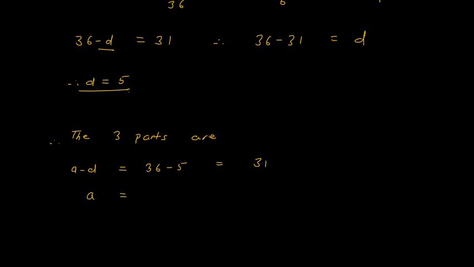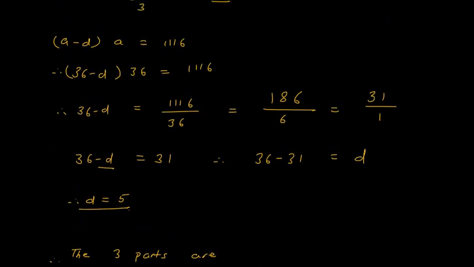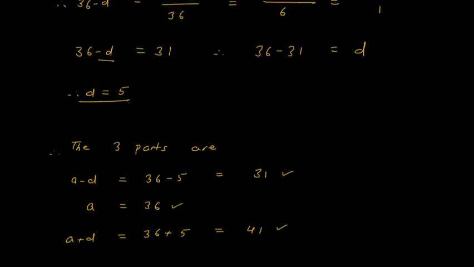Second part is a, so a is 36 only, and third part is a plus d, so it is 36 plus 5, which is 41. So a minus d is 31, a is 36, and a plus d is 41. So these are the 3 parts that we have to find out. Okay, so this is question number 13.